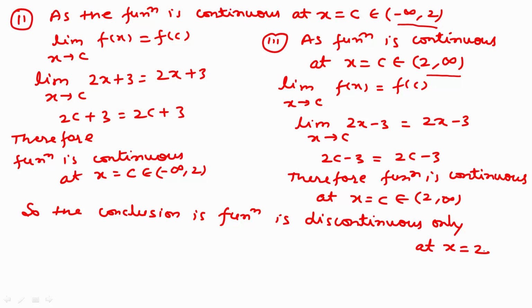The question number 13 is the function defined by f(x) is equal to x plus 5 when x is less than or equal to 1, x minus 5 when x is greater than 1.